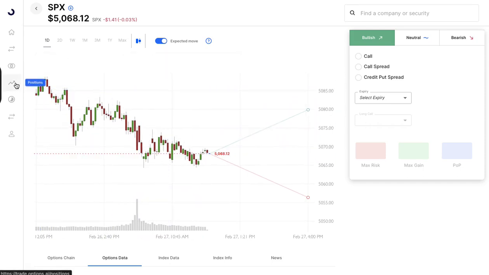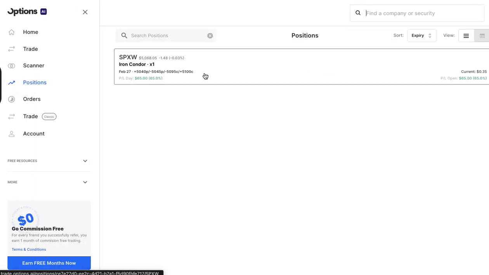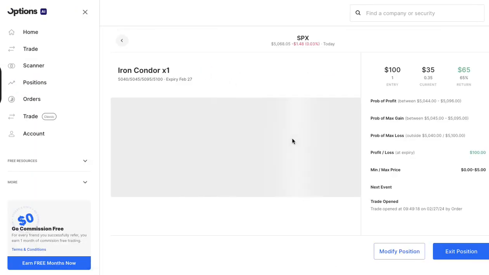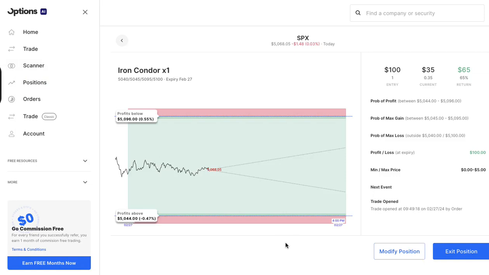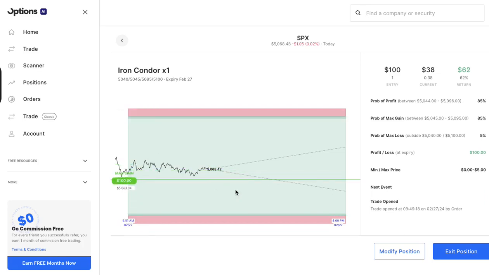In the trades, we have an Iron Condor that was placed earlier, about 20 minutes after the open. It was done at about the 15 delta level to the upside and downside, a little bit outside the expected move at that time. As you can see, the SPX has gone pretty much sideways.